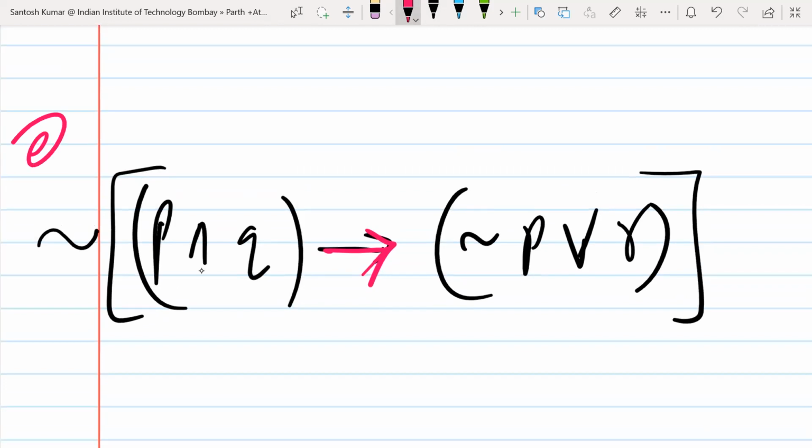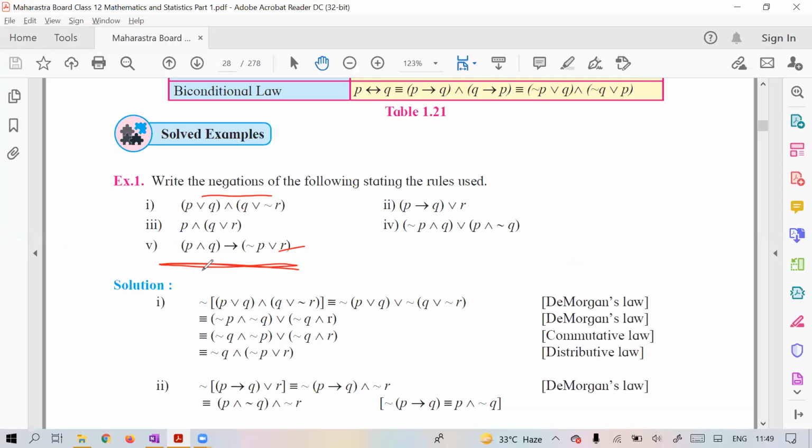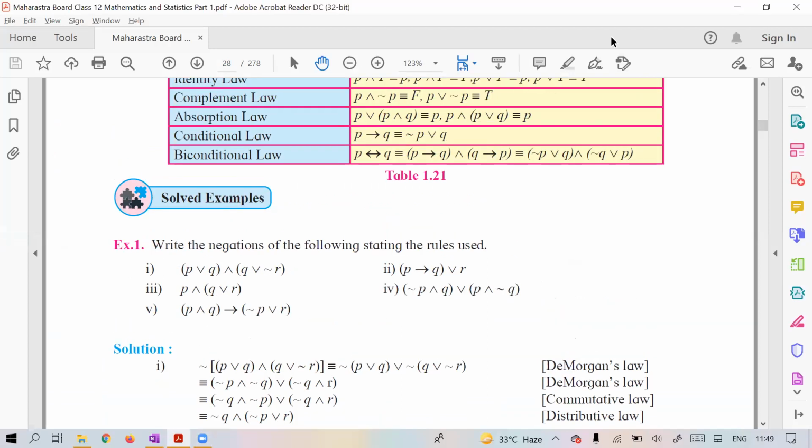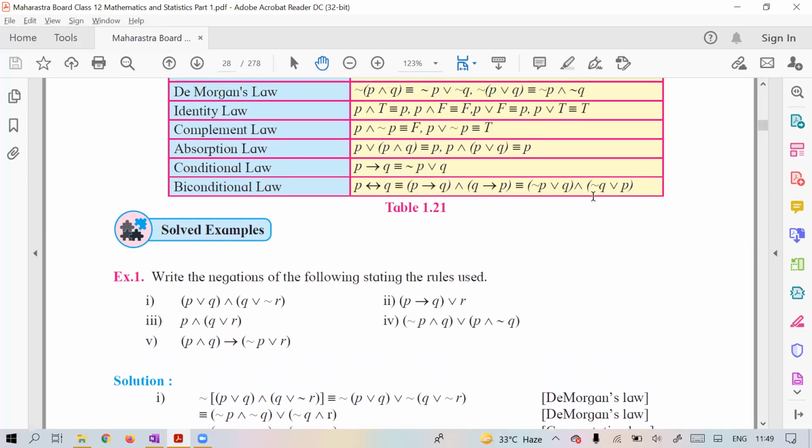This is the last part, the key part. So P implies Q is equivalent to what? You have the rules, okay? You practice it by looking into it, no problem. After that you can do it without looking into it. First you have to practice it so that you will remember it.